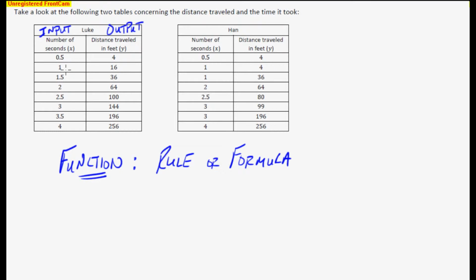Okay, so we go down the line and we match these up, and what I'm looking for is, are there any of these inputs that happen twice, happen more than once? All right. And if I look down the line, it looks like, well, no, that doesn't happen. Every one of these inputs is different over here: 1.5, 2, 2.5, 3, 3.5, 4. I don't have another row down here.